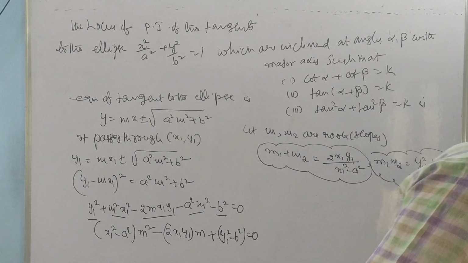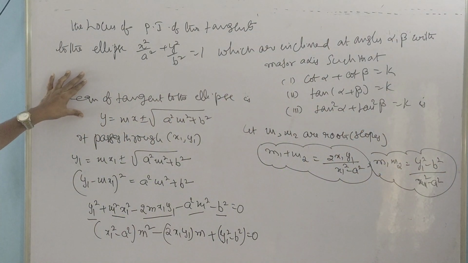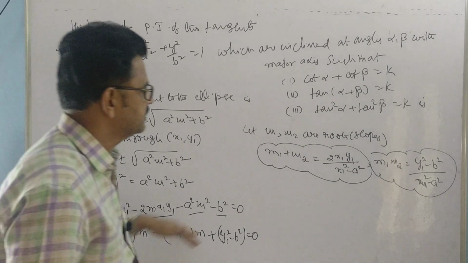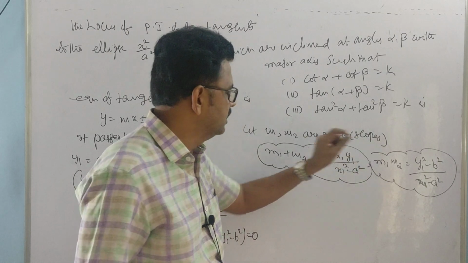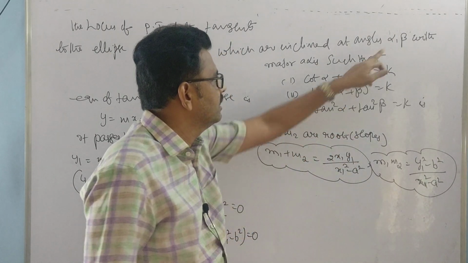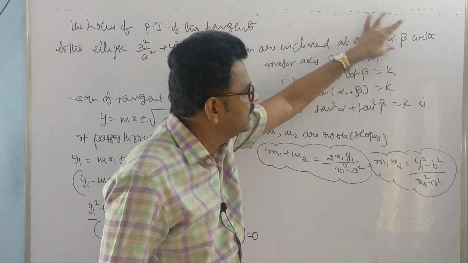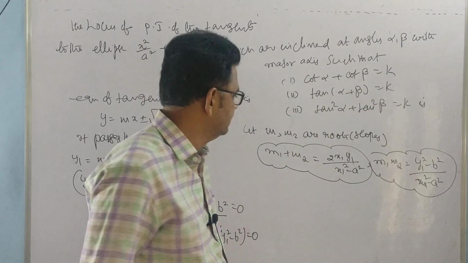Here, the equation of tangent to the ellipse passes through the point. Now we are having a quadratic equation in terms of m. m1, m2 are the roots, meaning slopes. The first line makes an angle alpha and the second line makes an angle beta. Inclinations are alpha and beta, that means slopes are tan alpha and tan beta.